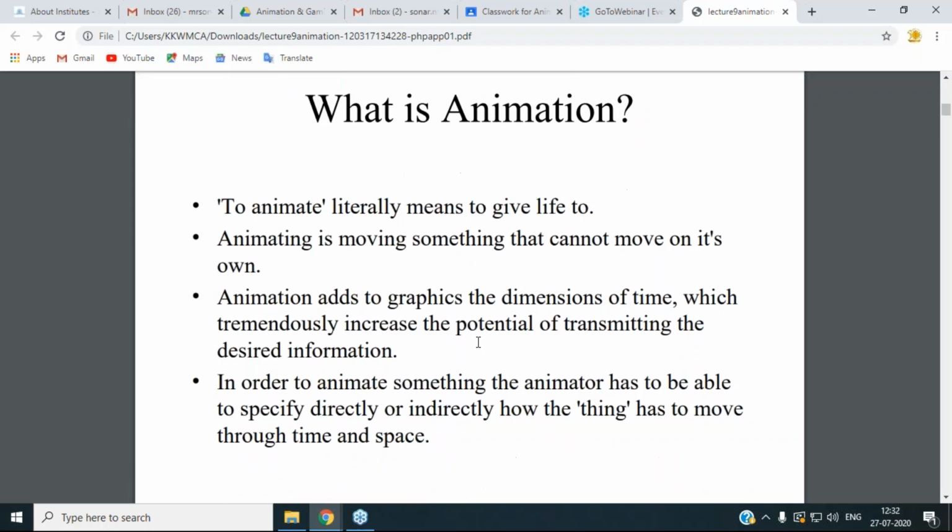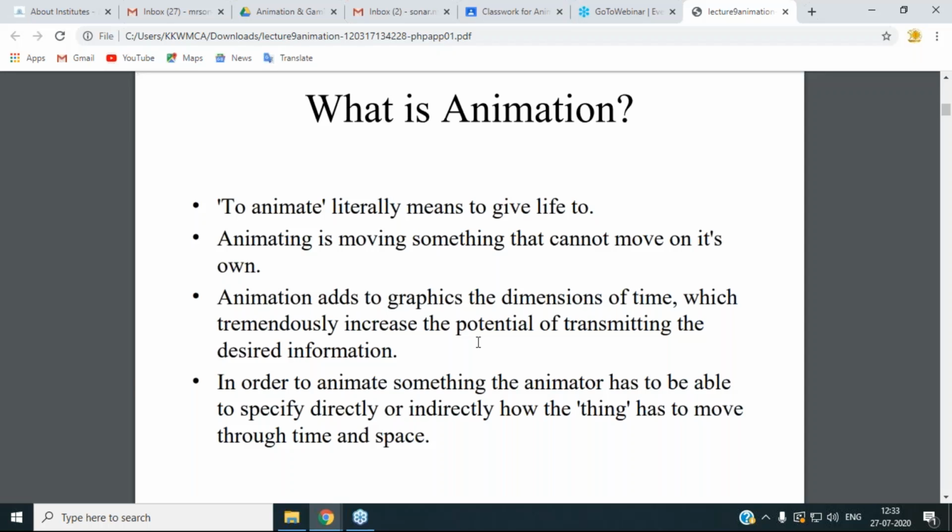So what is animation actually? That we have to understand. We have started with the second unit, and it is nothing but the introduction to animation. In the previous unit, we have seen the introduction to computer graphics, where we learned everything related to computer graphics, and animation is part of computer graphics.